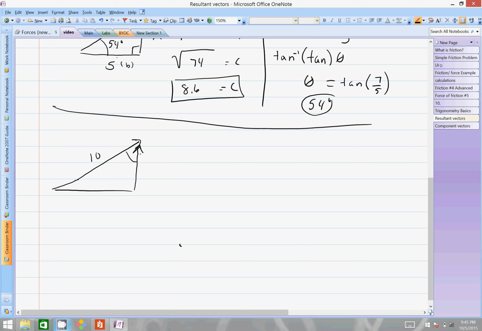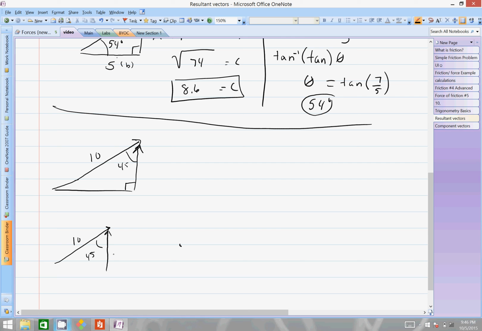This angle is 45 degrees. This angle right here, therefore, is 90. That's all I'm going to give you. So I have two vectors that are colliding at 45 degrees. I know the angle is 45, and I know this side is 10.